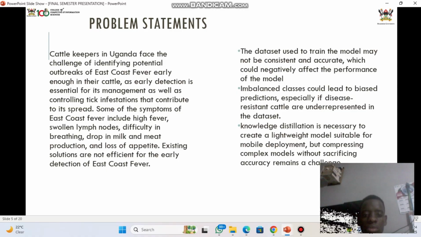So we had to discard some of the extra classes to come up with a balanced dataset, which reduces data and makes the model somewhat inaccurate. Compression is also necessary to create a lightweight model suitable for mobile deployment, but compressing it to come up with a student model makes it less accurate, which also becomes a challenge in predicting accuracy.